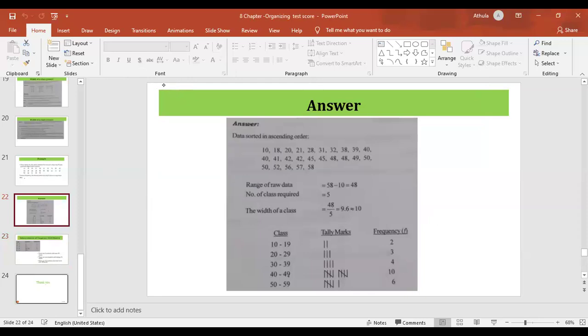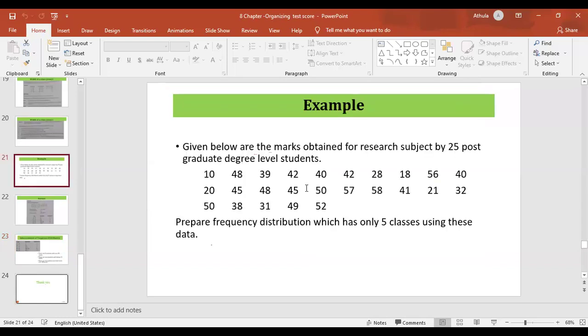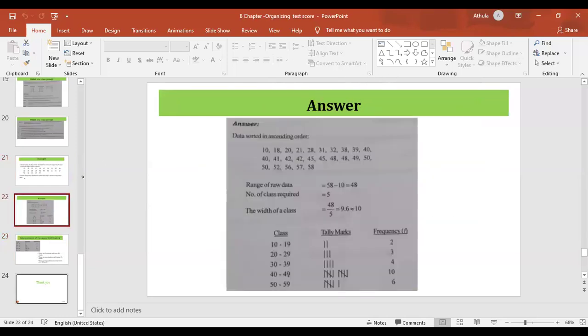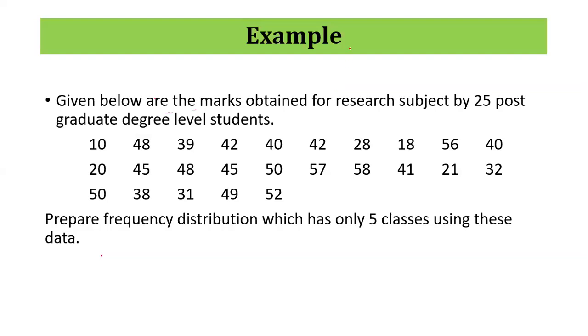Last session we covered how to prepare a frequency distribution, using this example. When preparing it, firstly we have to order the data in ascending order, that means lowest value to highest value.